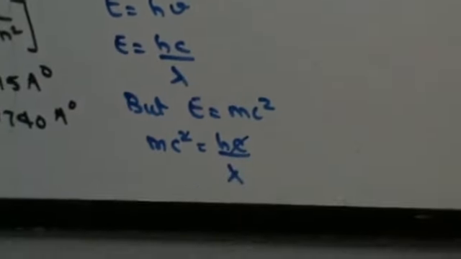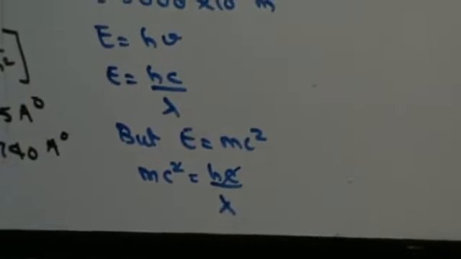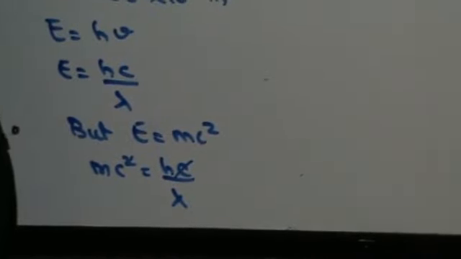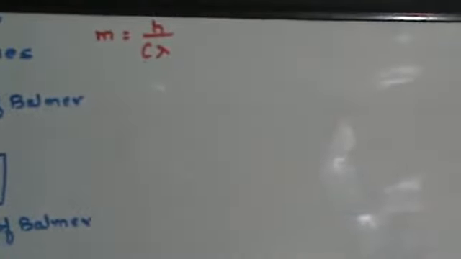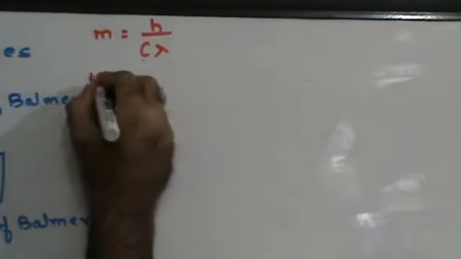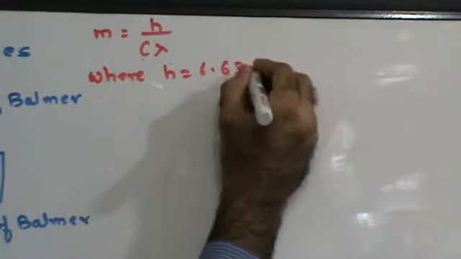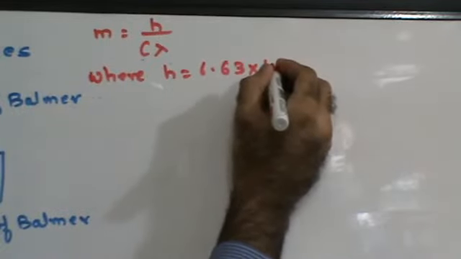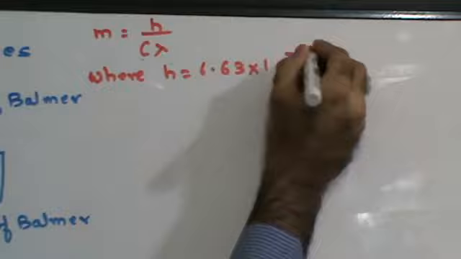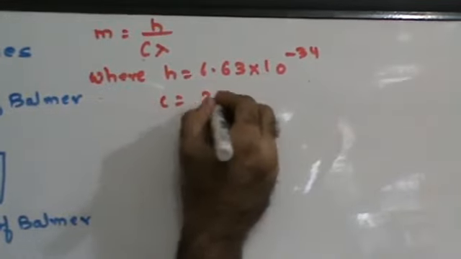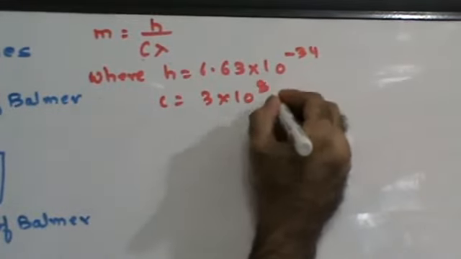M is equal to h upon c lambda, right? You know c, you know h. H is Planck's constant. C is the velocity of light, where I can say that h is 6.63 into 10 raised to minus 34 SI units, and c is 3 into 10 raised to 8 meters per second.